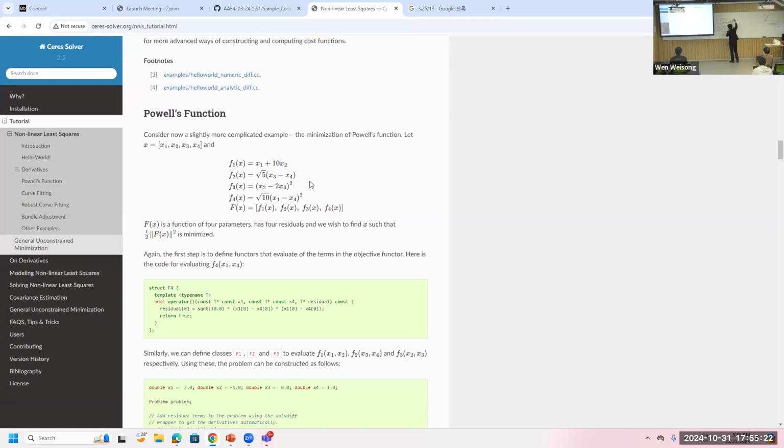The first one, F1, is x equals x1 minus x2.